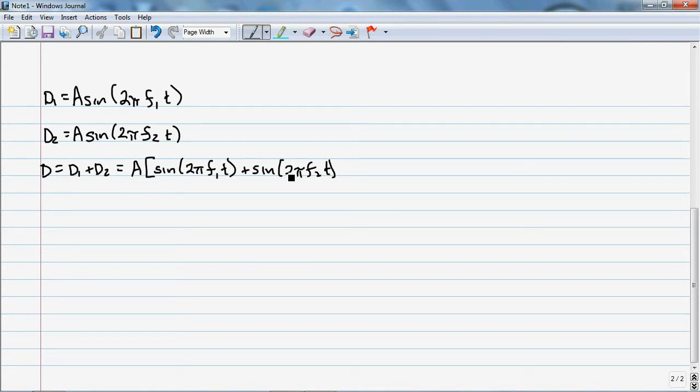Now, I seem to be at a standstill. I have a summation of two sines. Doesn't seem like I would be able to get any more information out of this, but let's use an identity.